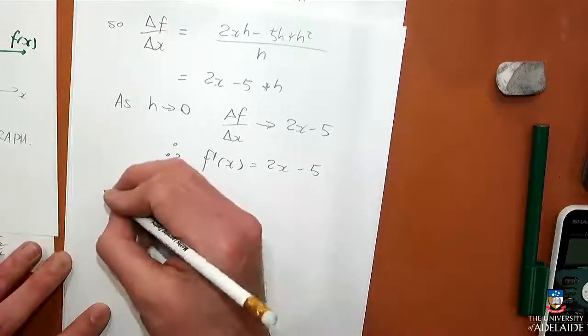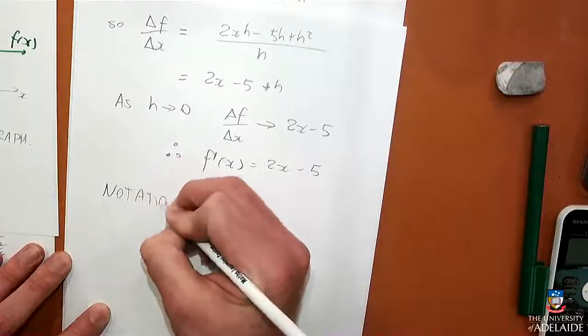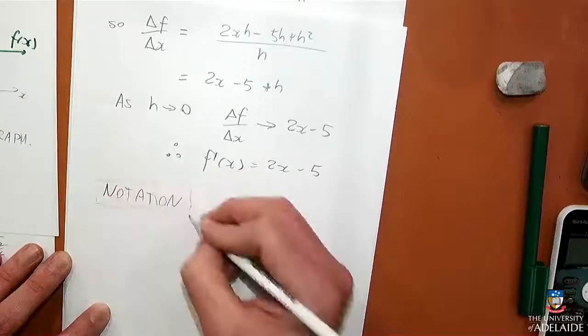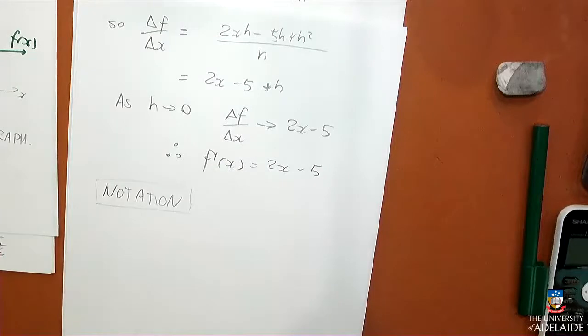So just some notation. If your function has a letter name like y or p or whatever it is, like p for the population of rats, then we have a notation for derivatives that goes with that situation where we don't have a letter name f of x. And there's a situation where if you've already called it f of x, you can do the dash. So just some notations.